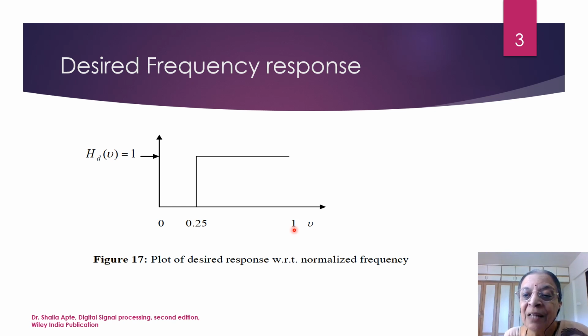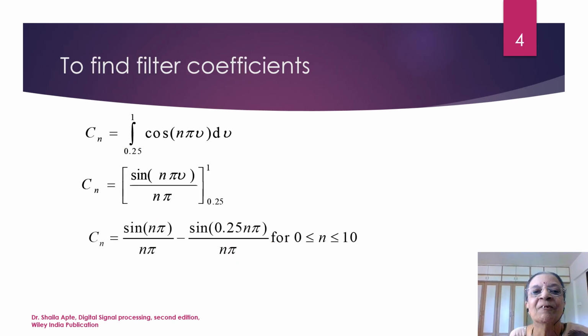That is, 8000 is the sampling frequency, so for 4000, nu is equal to 1. So for 1000, it will be 0.25. So the frequency response will be equal to 1 between 0.25 to 1, and between 0 to 0.25 it will be 0. That is how the desired frequency response will be plotted in terms of the normalized frequency.